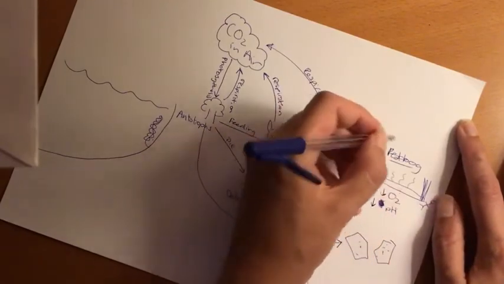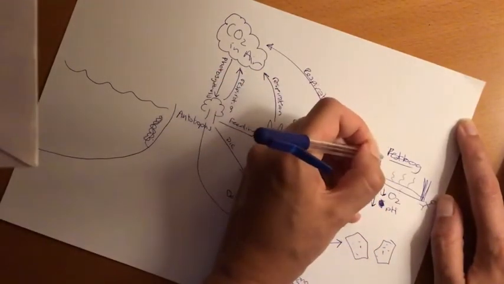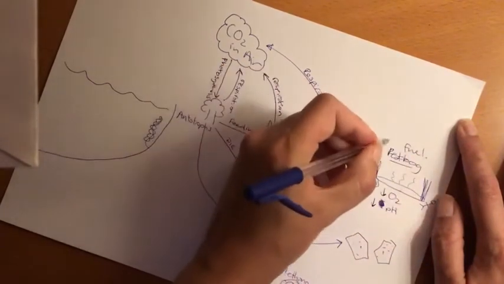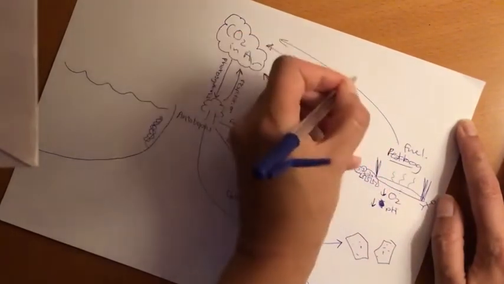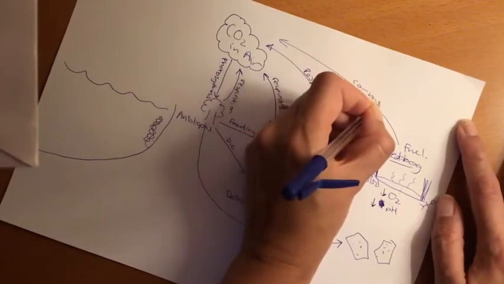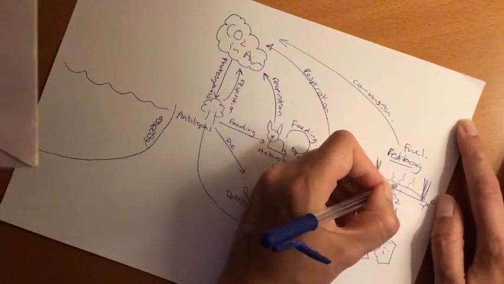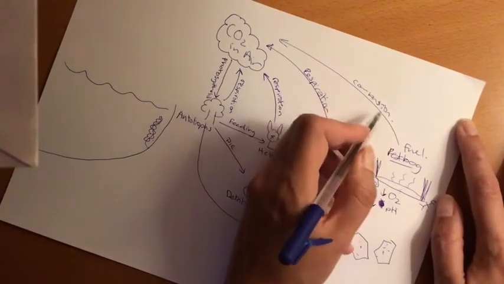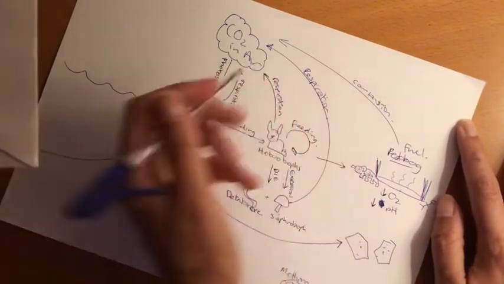Now what can happen through human activity is that this is sometimes used as a fuel, and then it's burnt, and all of the complex carbon compounds are broken down into carbon dioxide, and that's released into the air.